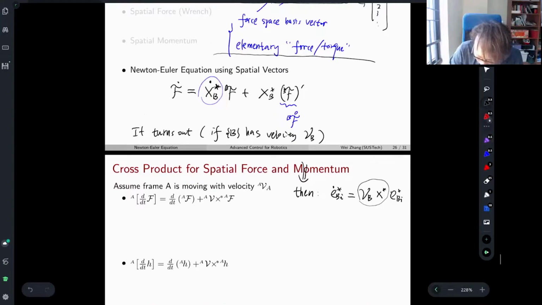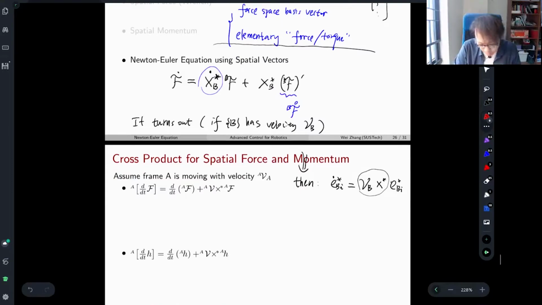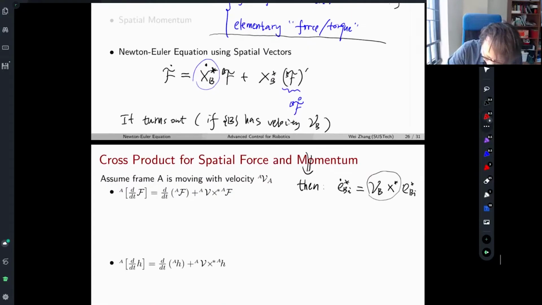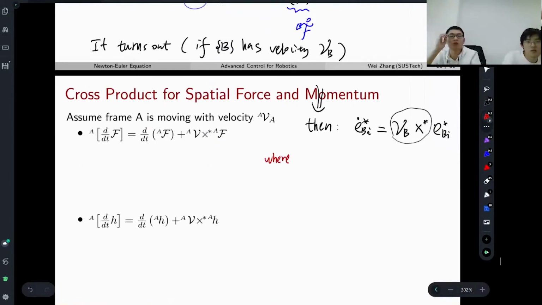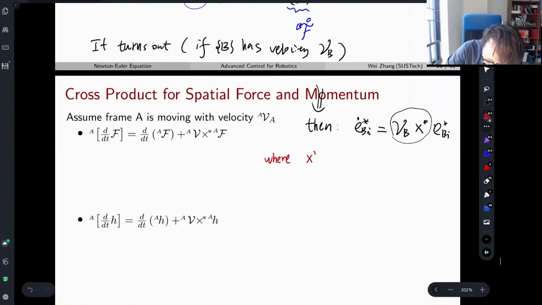So this becomes similar to the spatial cross product. It just has a star now. It's the spatial cross product for forces. So overall, by definition, let's call that the definition, where this cross star is defined as the following.